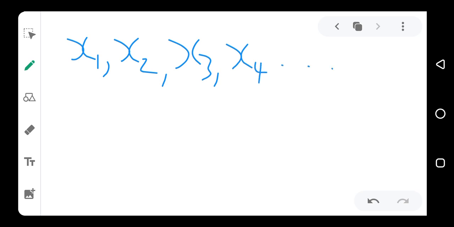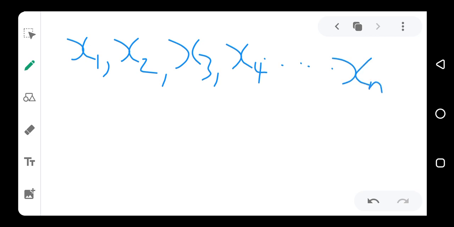Instead of writing 1, we write x1, x2, x3, x4, it may continue to, let's say, x of any number.